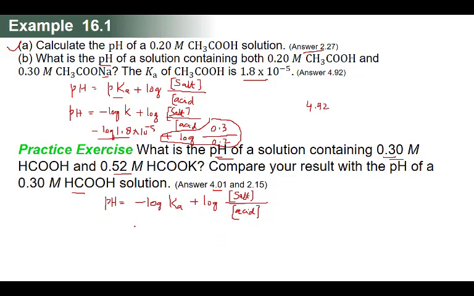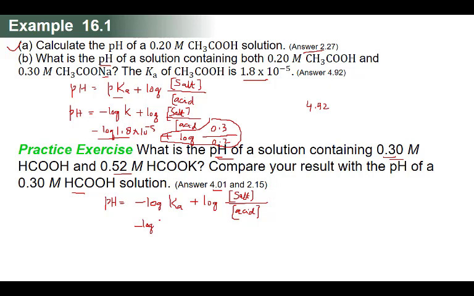So we say negative log Ka. How much is Ka here? Ka is not given in the equation, but I'll give you the Ka: 1.7 times 10 to the power minus 4.